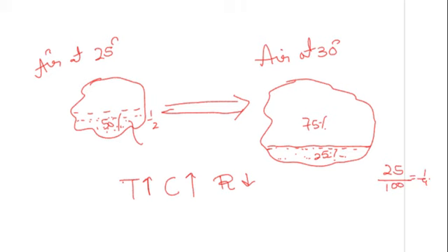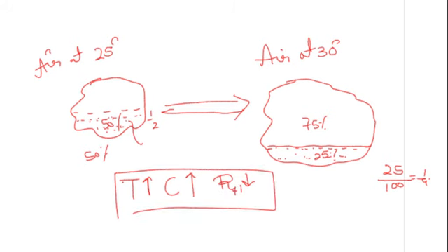It reduced from 50%. This is what is happening. Till here we got it. Next, this is what you have to remember: as the temperature of air increases, its capacity to hold moisture increases.